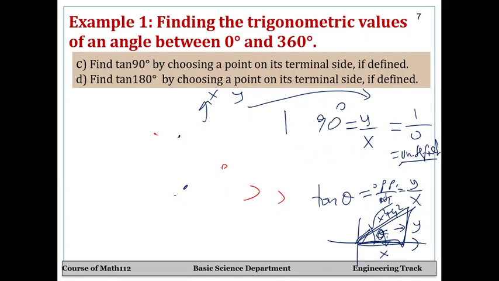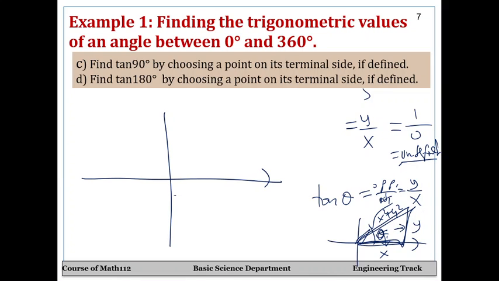Now in the same way, let's try to find tangent 180 degrees by choosing a point on its terminal side. So here is the initial side, and then where is 180 degrees? 180 degrees is here. It makes 180 degrees.